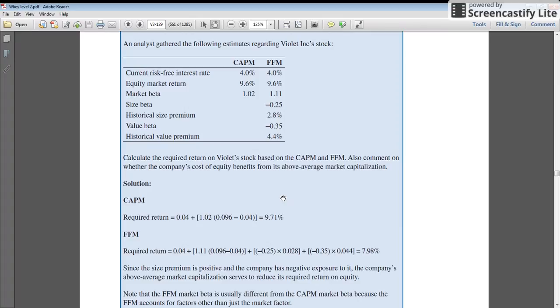And lastly, coming to the historical value premium, right? So we discussed this in the Excel sheet video as well. So the product of these two is again going to be a negative number.